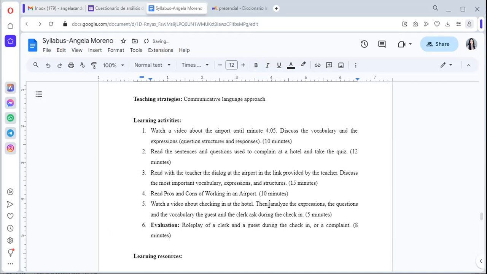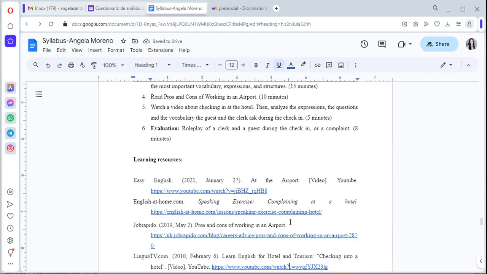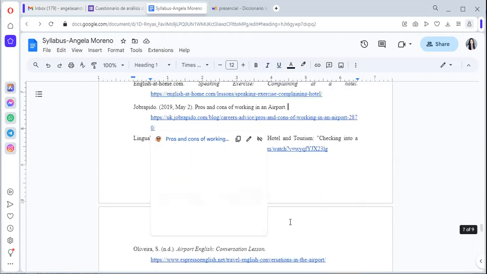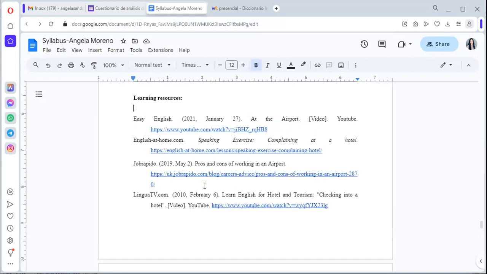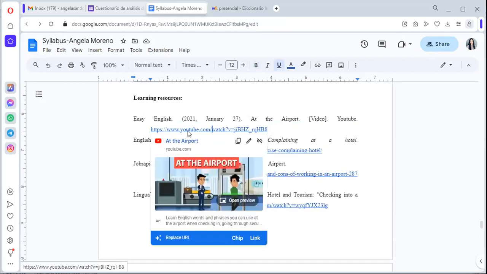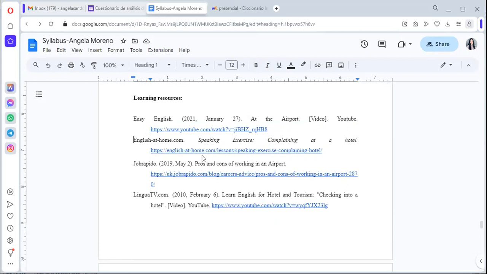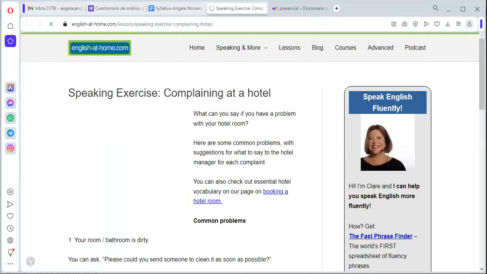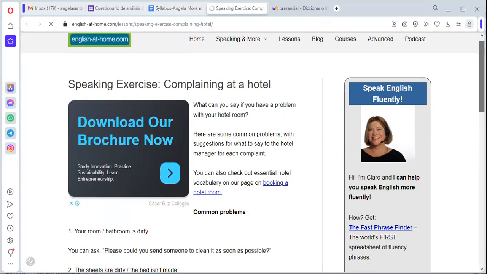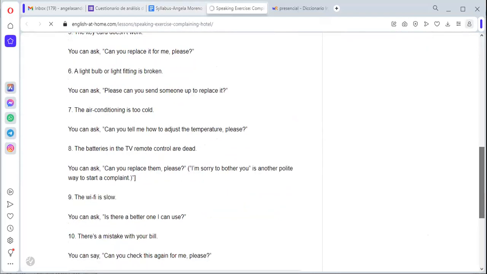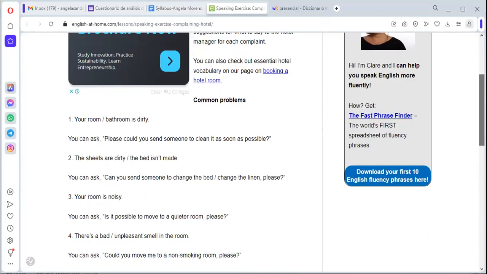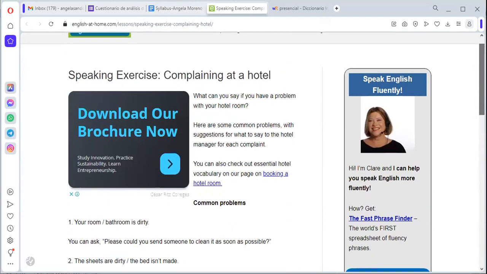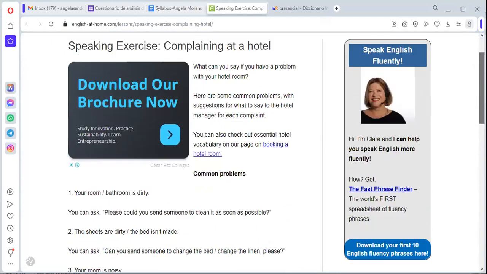Here I'm going to show you the resources to carry out these activities. I'm going to show you some of them. This is the one he's going to read about complaining at a hotel.